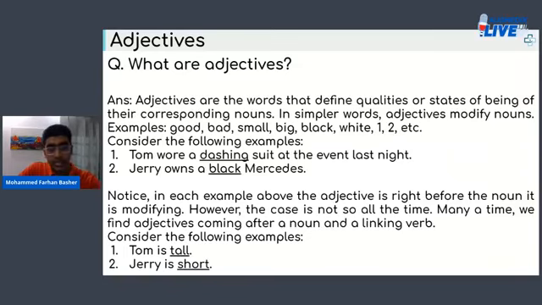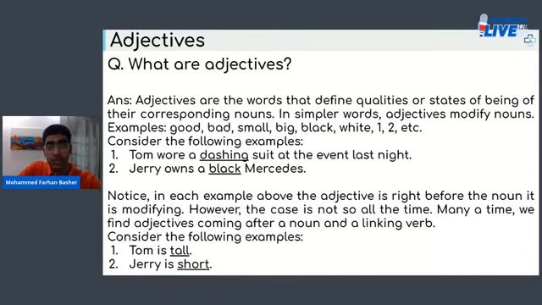So when I say Tom is tall, take a look at the examples. Tom is tall, right? So here the noun is, of course, Tom, the proper noun, the subject, and the information about Tom is the word tall, which is an adjective. The linking verb in this sentence is, of course, the verb is. So not necessarily you will always find adjectives right before nouns.